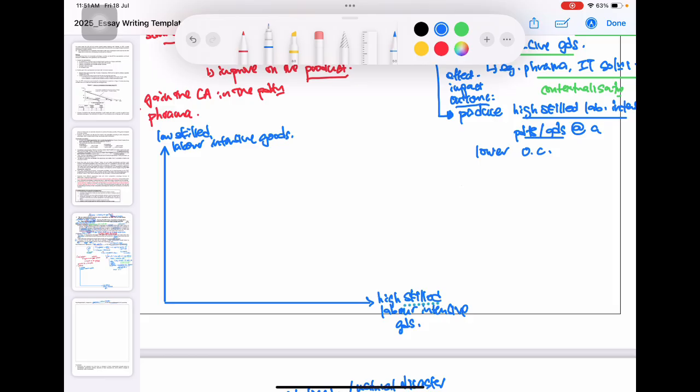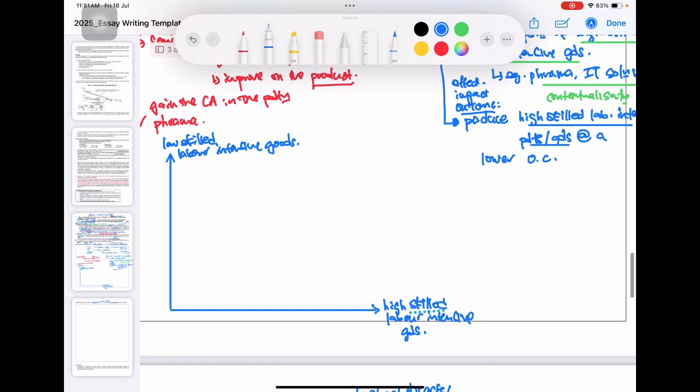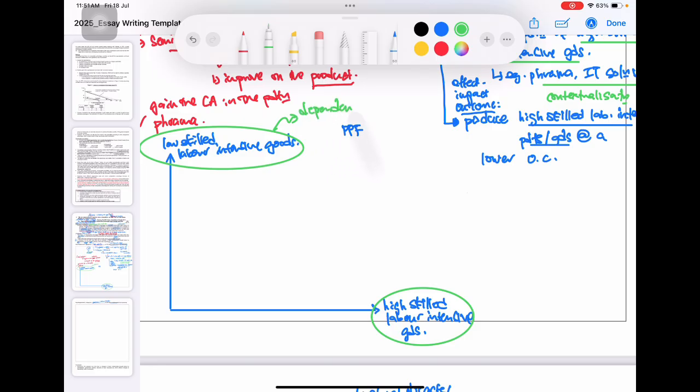Okay, so I think some of you know that when you are drawing the PPF and this is your PPF diagram, the label over here is dependent on the question and your essay response.